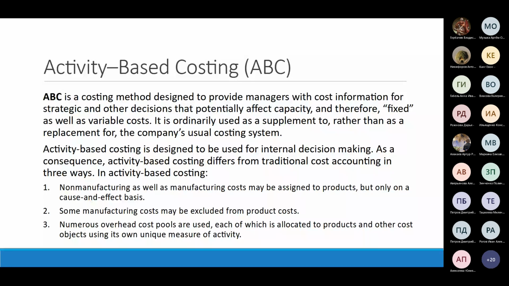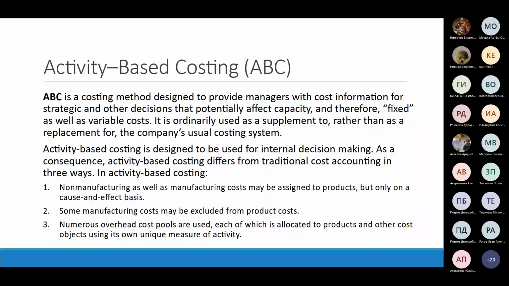So it's used as a supplement tool to support the usual costing system. Very often ABC is added to a traditional costing system to provide more detailed information about the cost.